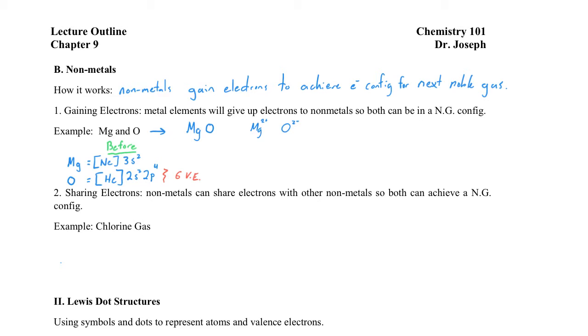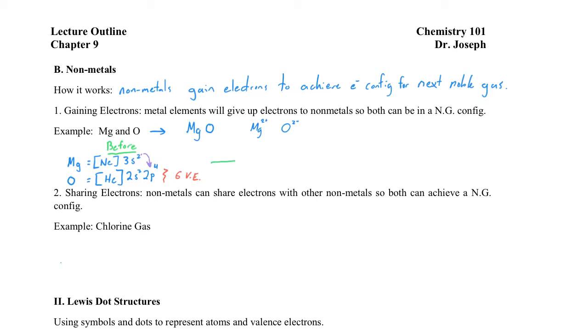Also notice that if these 2 electrons around magnesium were in the valence shell of oxygen, both of these atoms could then have a noble gas configuration. And that's exactly what happens. So let's look at the after picture, where we move the 2 electrons from magnesium to oxygen's valence shell.